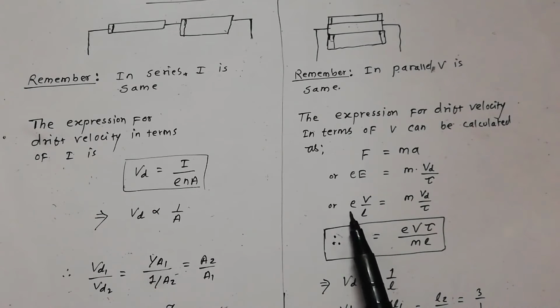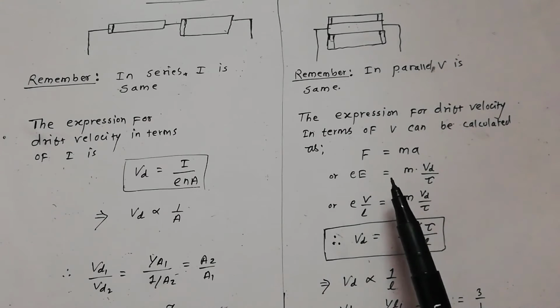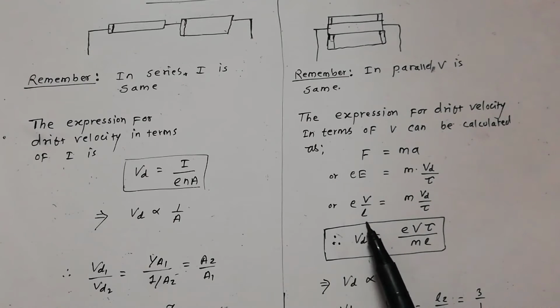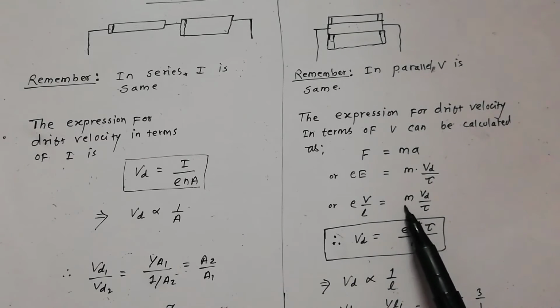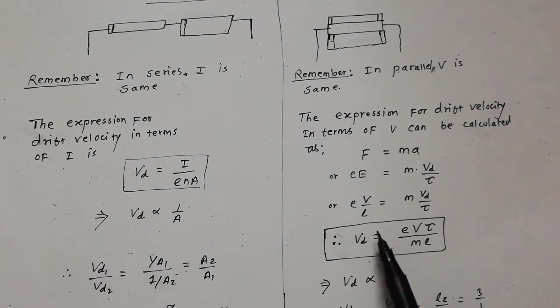So this is e and this is E. This is the electric field. Electric field can further be broken into V by L. V is the potential difference, L is the length of the conductor, right? So m is the mass, and this is the Vd, and this is the tau, same here.